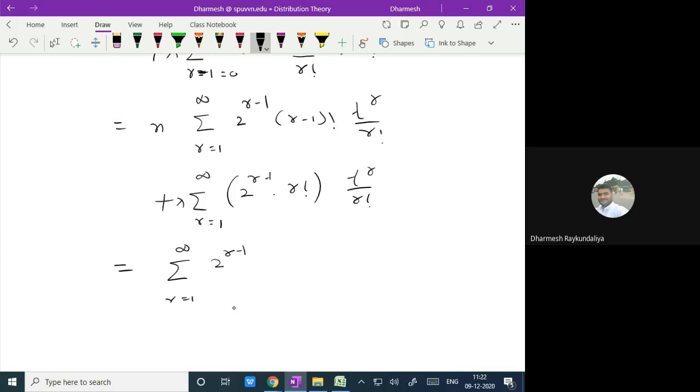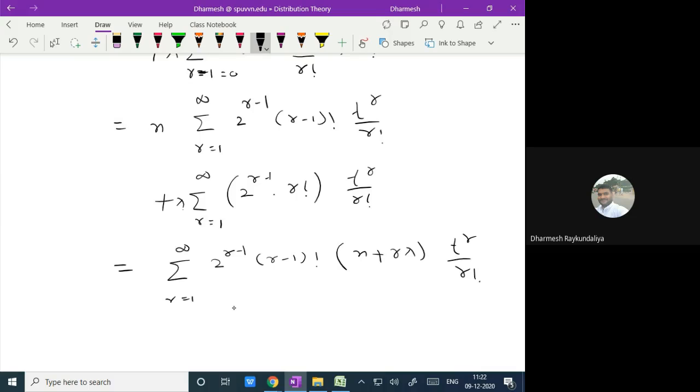Here it is r minus 1 factorial, here it is r factorial, so it is r into r minus 1 factorial, so I will take r minus 1 factorial outside. Here it is n, so this n is as it is. Here lambda and r is from here, so it is r lambda, and it is t raised to r upon r factorial.